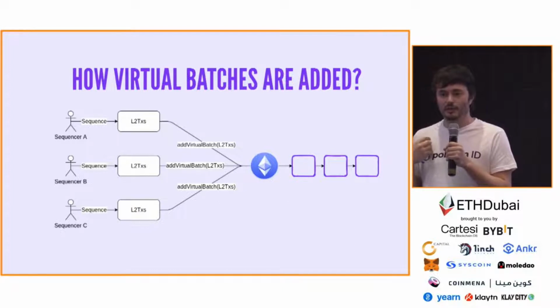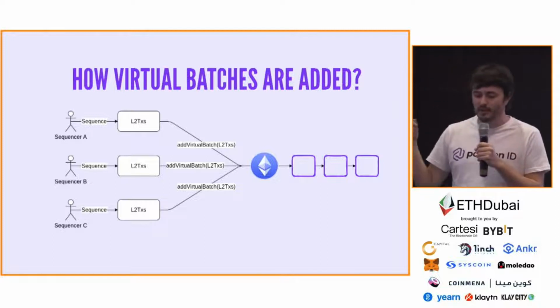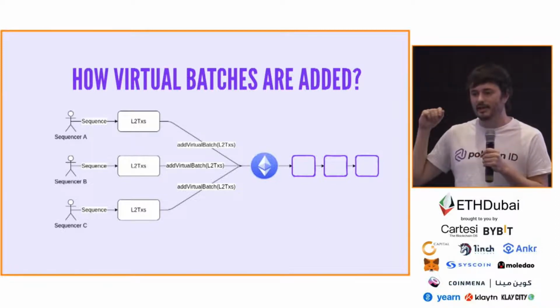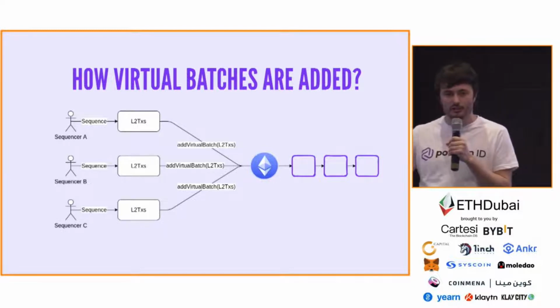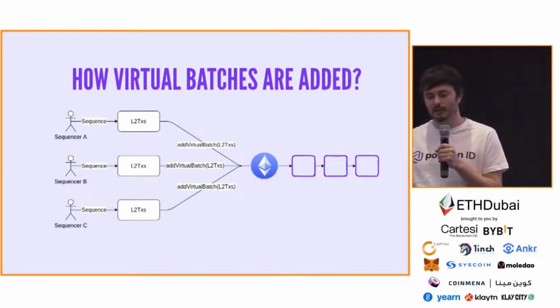But you don't need to know the previous state before sending the transactions. So here in the example, we have 3 sequencers that are all trying to send these transactions. And when they send these transactions, they don't know at which position this virtual batch is going to be added. So it may be the immediate next one, or it could be farther on.